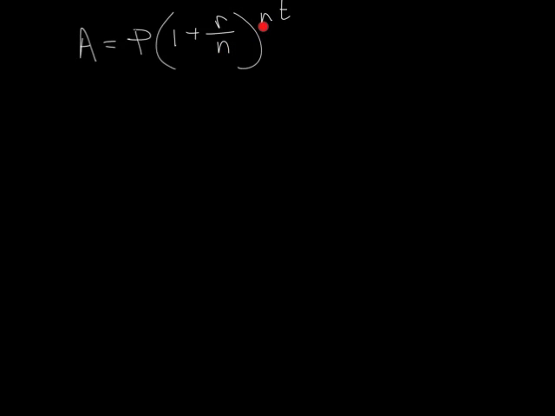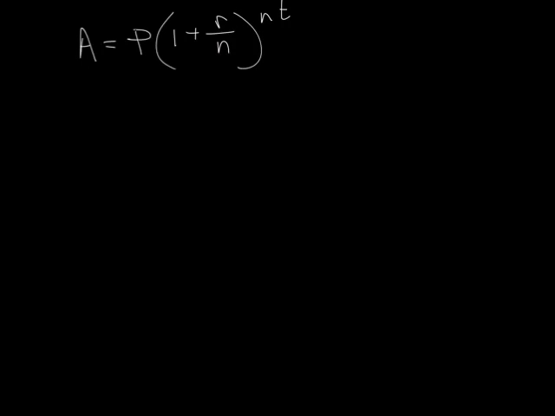And you'd put a 4 here. And let's say that it was over a period of time of, say, 2 years. So they're going to give you interest every quarter, or every 3 months, for a period of 2 years. So if you put everything in here correctly, then when you get your answer, it's going to give you the amount of money that you made off of this investment.